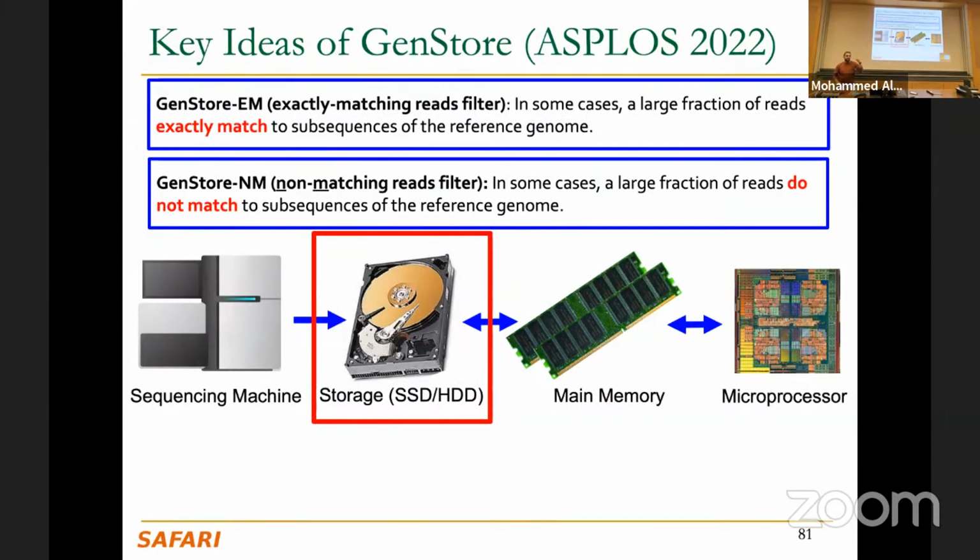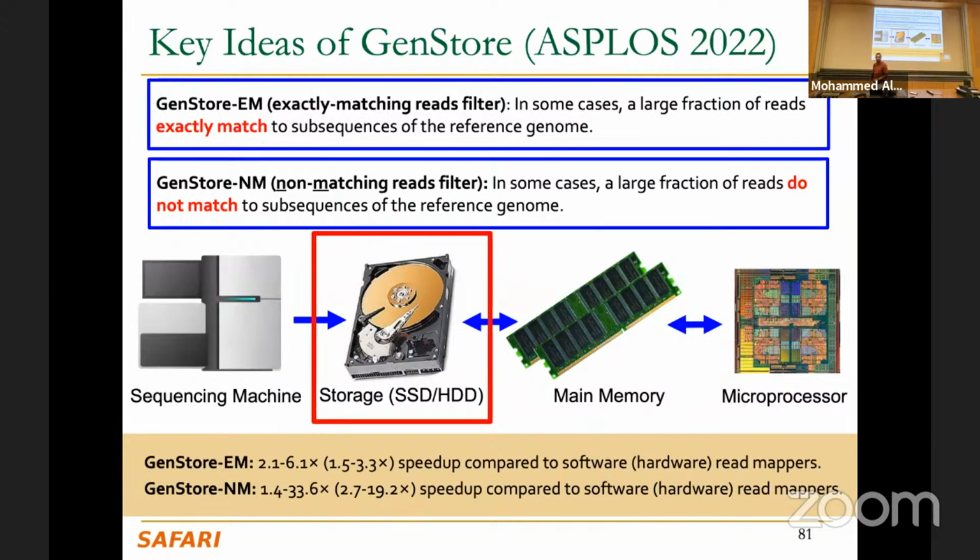If you find the number of exactly matching subsequences above a threshold, then it means these two sequences are probably similar. If not, filter them inside the storage. There is no need to move the data from the storage to main memory, to the caches, to the CPU. And that's it for GenStore.